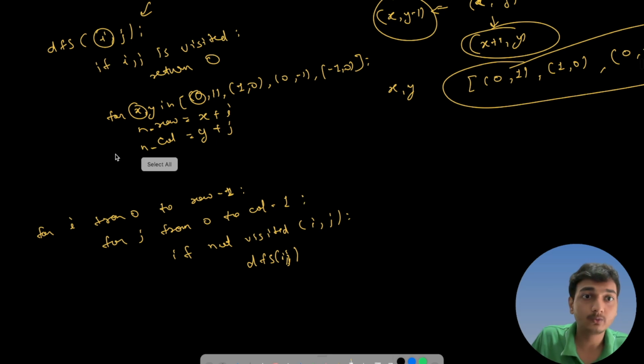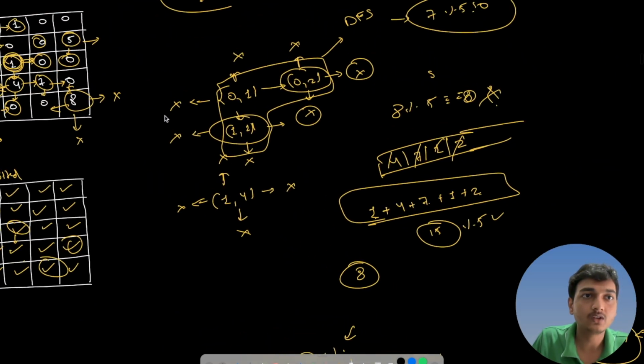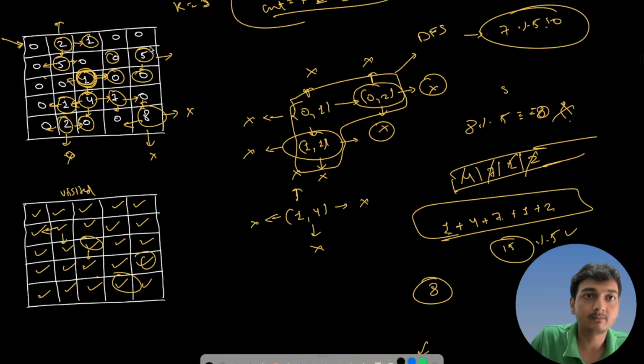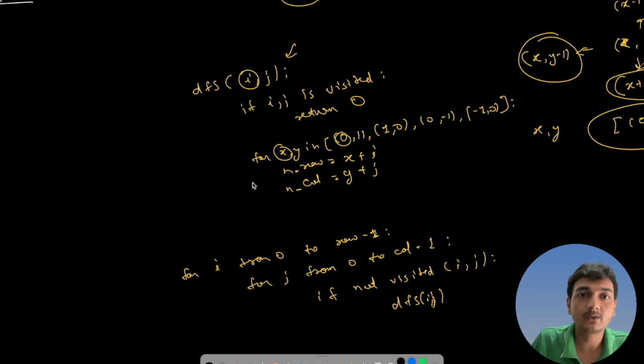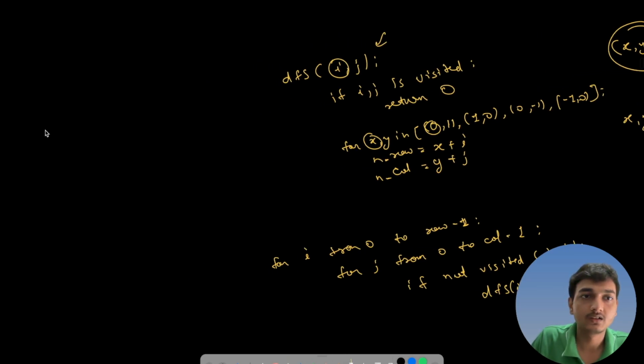Now I need to do one thing. I need to check for the edge cases, basically whether this node is going out of bound or not. So for that, I will quickly write one function, check out of bound.